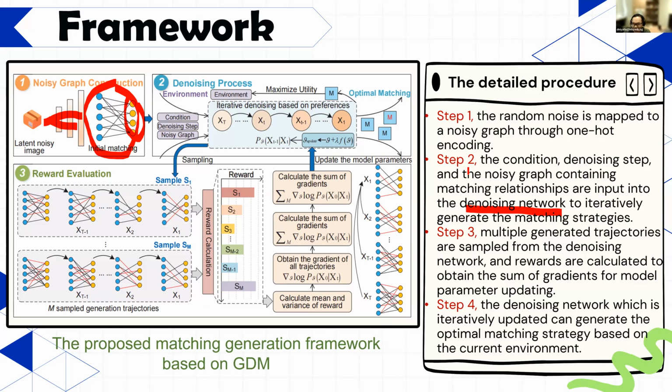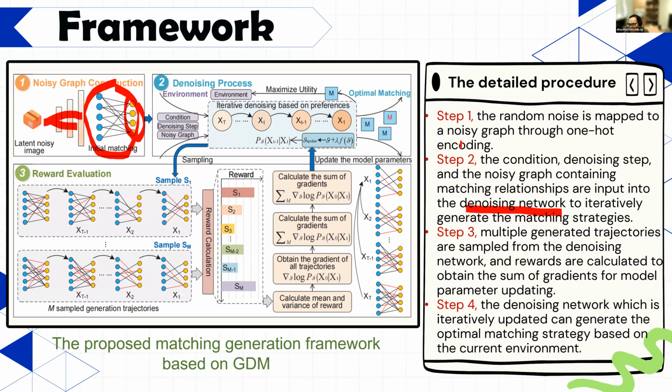So in this way, it is similar to image generation. That means when we try to generate images, we can generate multiple images simultaneously. The same happens when we put the noisy graph into the diffusion model. The diffusion model can generate many options for the matching, and we are able to generate multiple trajectories, which are sampled from the denoising network from step 2 as the input, and then we calculate the reward to obtain the sum of gradients for the model parameter updating.